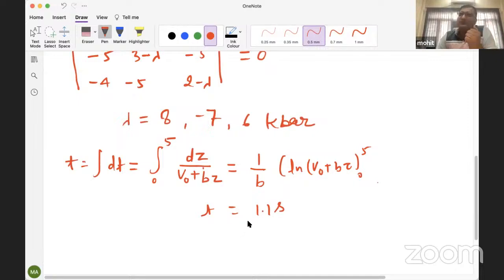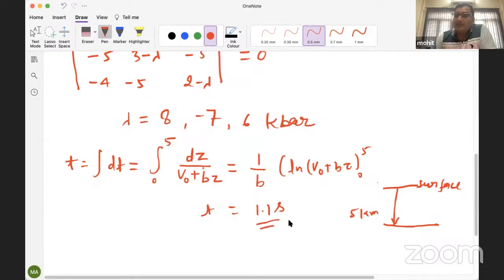It is a normal incident, and so the wave is going from the surface. Let's suppose this is your surface, and the interface is at a depth of 5 kilometer. So the ray is going down. The time taken by the ray is 1.1 second for going down, and a similar time it will take when it is coming up.